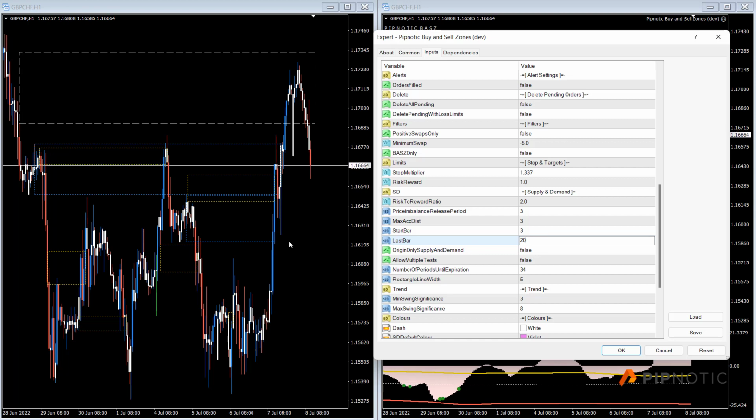So if we have, let's say, a 50% likelihood of a trade working, and the trade is triggered within 20 periods, we can add almost 40%, about 37, 38% on top of that. So we're up in the high 80% likelihood of that trade working. This is just something that I've observed based on an analysis of hundreds and hundreds of trades. So this is a really interesting setting to pay attention to.